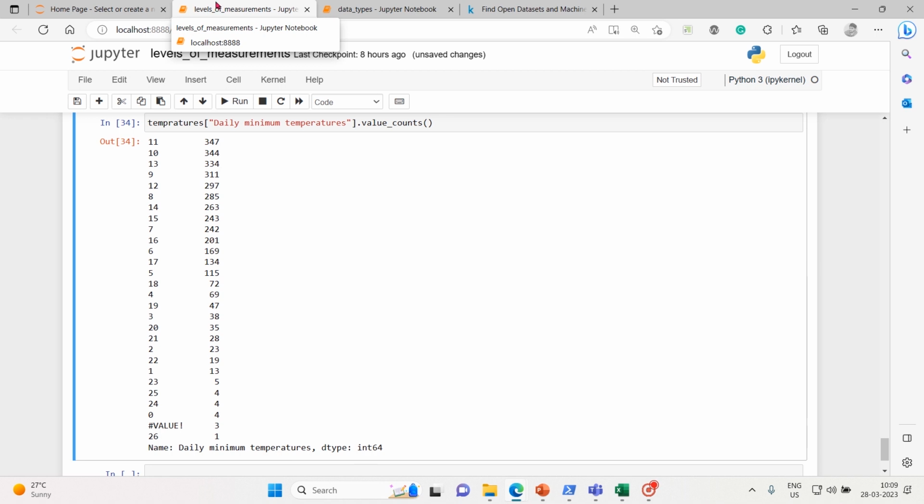So 11, 10, 13 are the temperatures which are recorded heavily. And other than that, 26 is the maximum of the minimum temperatures, and that was recorded only once. And 0 degrees Celsius was also recorded 4 times.